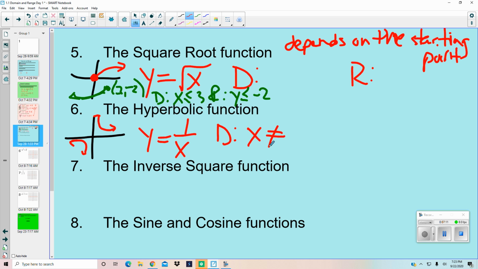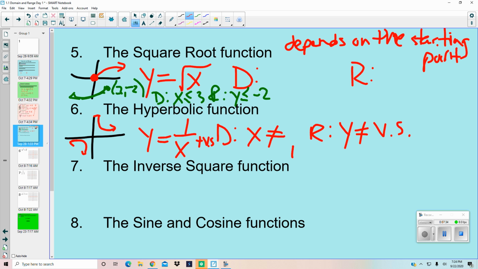So if it's the parent function, x couldn't be equal to 0. The range will also be what y cannot be equal to. Okay, and y will not be equal to whatever the vertical shift is. And the vertical shift is whatever number's added on to the function.